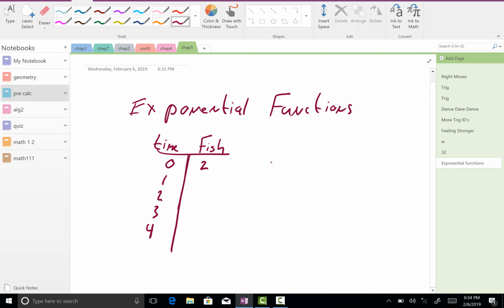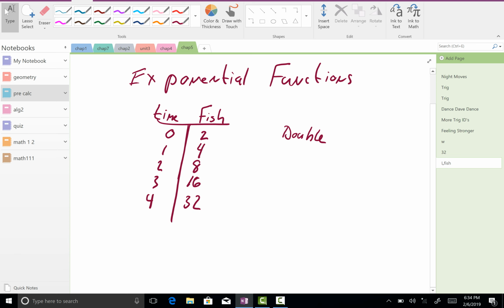Let's just say we double the amount. So then that's going to be 4, 8, 16, 32. That is an example of an exponential type of idea, where this population is doubling.